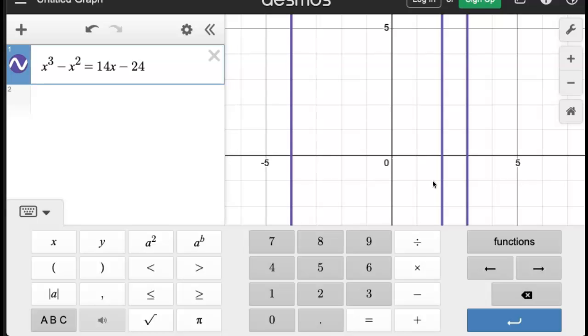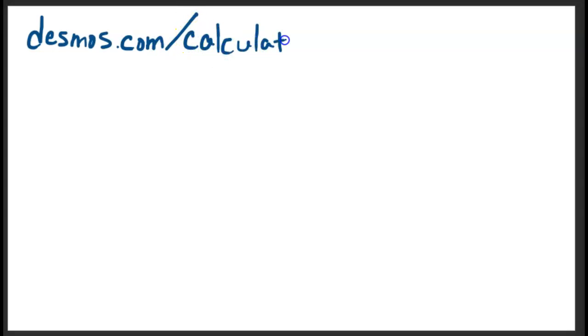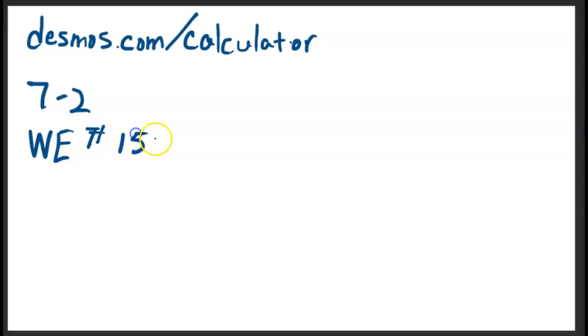Okay, so numbers 15 through 22, let me write this down. You're going to use Desmos.com/calculator for 7-2 written exercises, numbers 15 through 22.